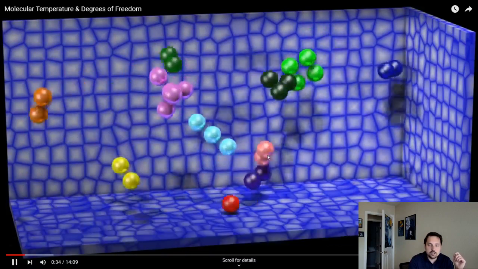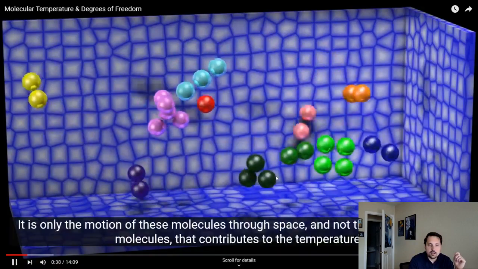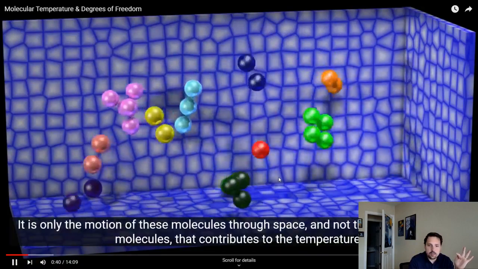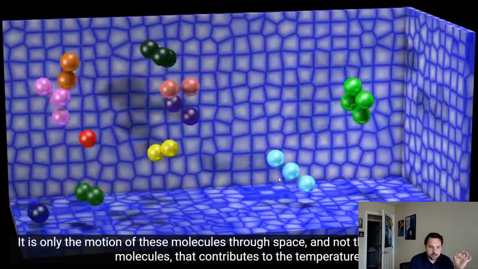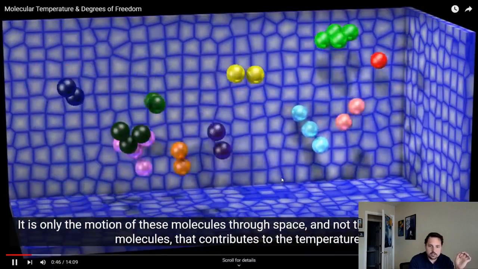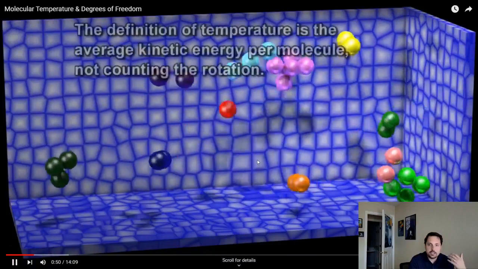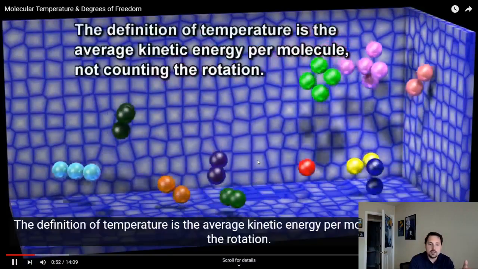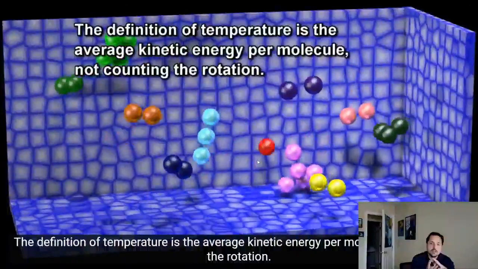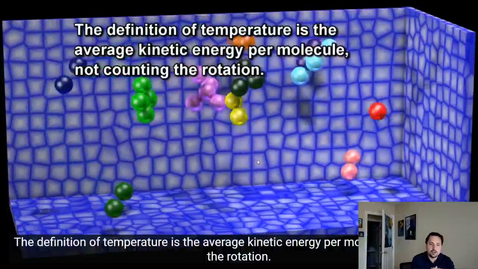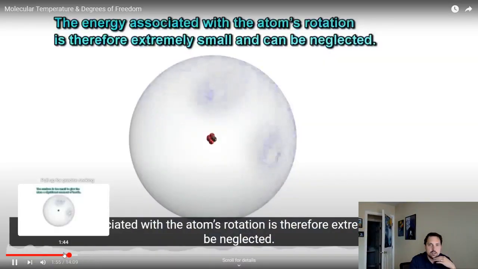We can mostly see the translational and the rotational motion. The temperature is dependent upon just the motion, but the energy can be stored in the motion as well as the rotation of those objects. So this video talks about that in more detail.